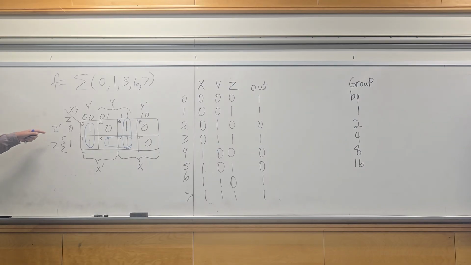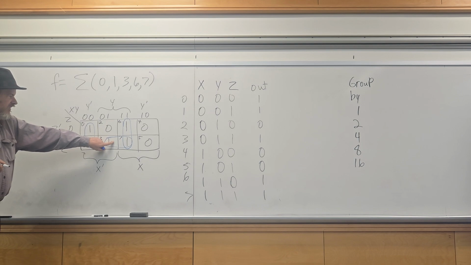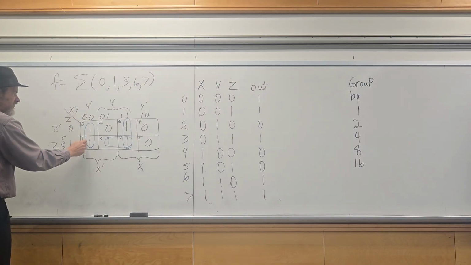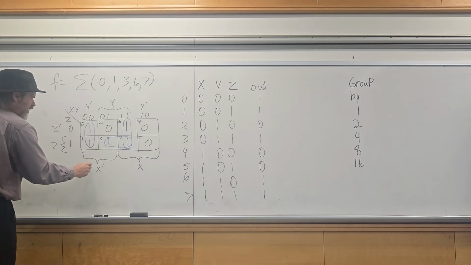Then you would do your terms based on your grouping. So y prime z. I'm sorry. Y prime. This is all in y prime, and it's all in x prime.